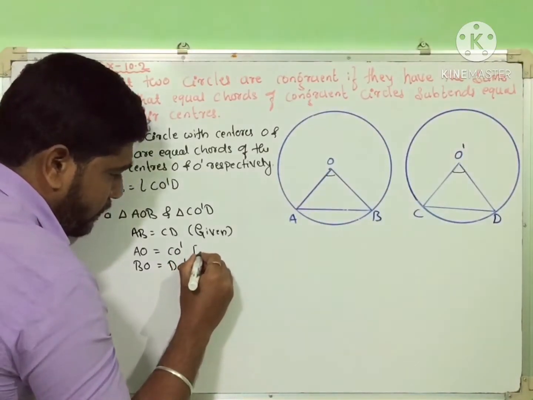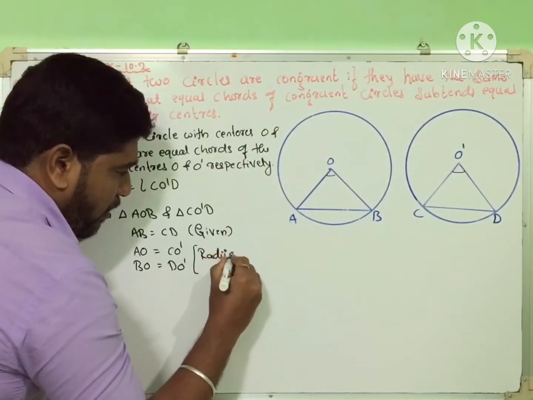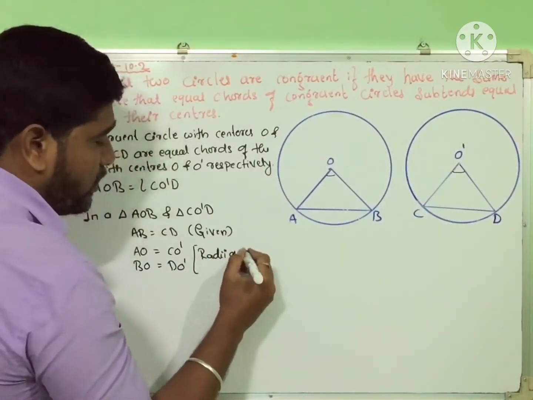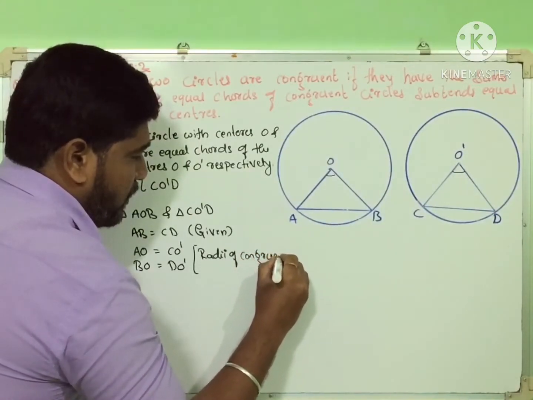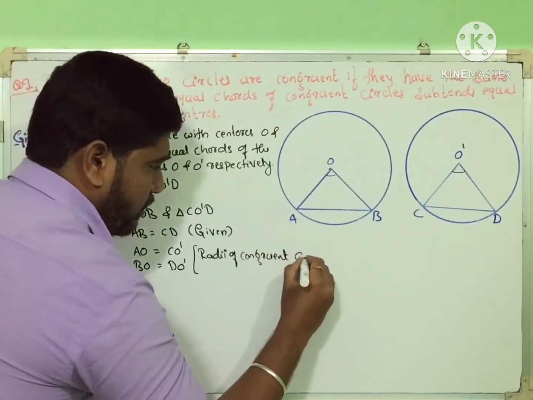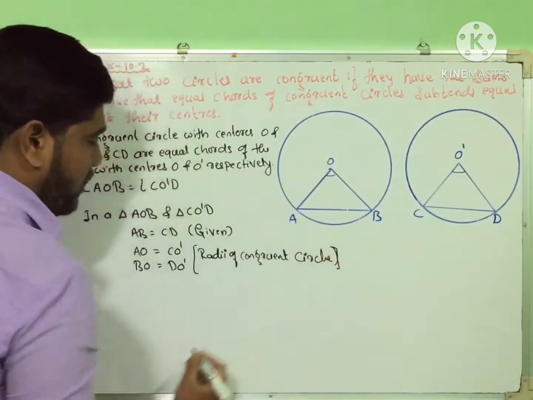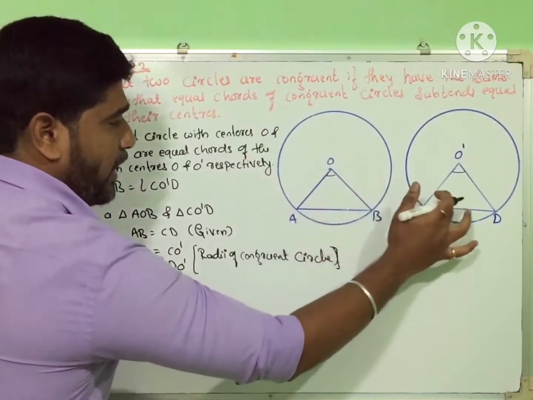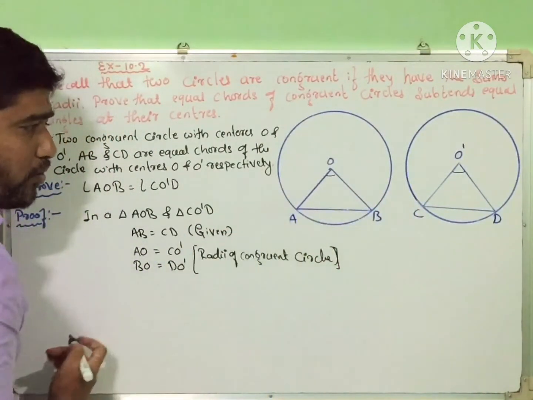So reason here: radii of congruent circles, right? So in these two triangles the corresponding sides are equal, which means these two triangles are congruent to each other.